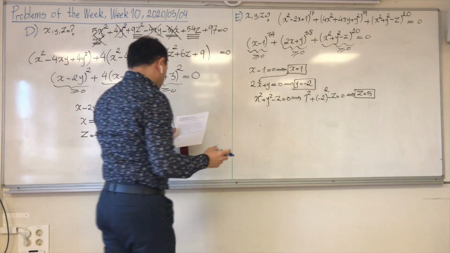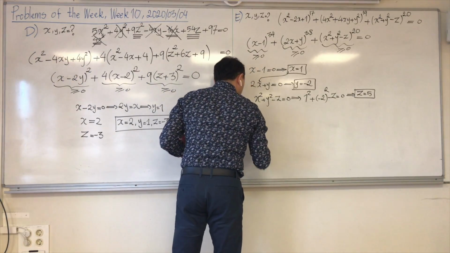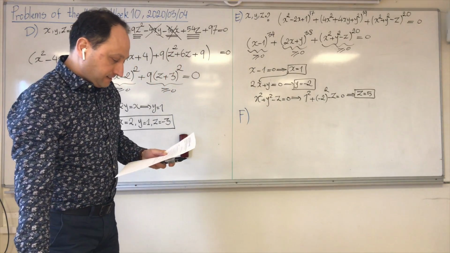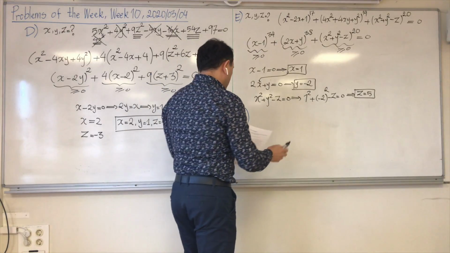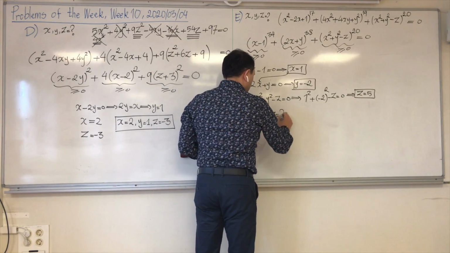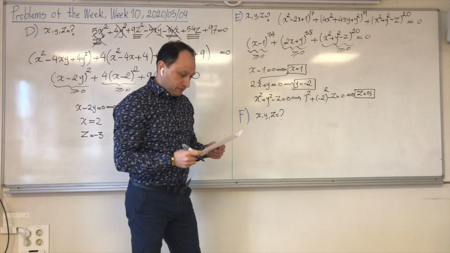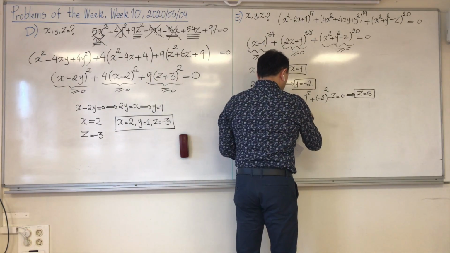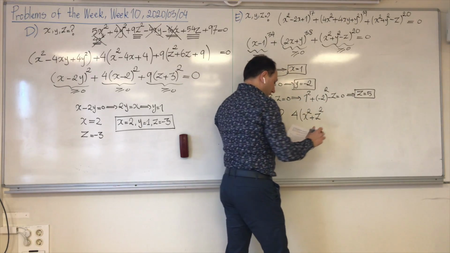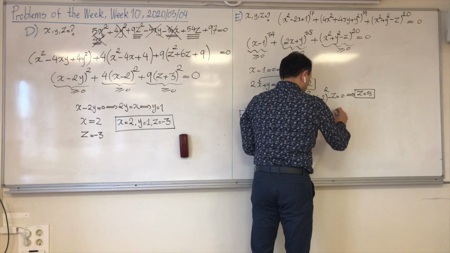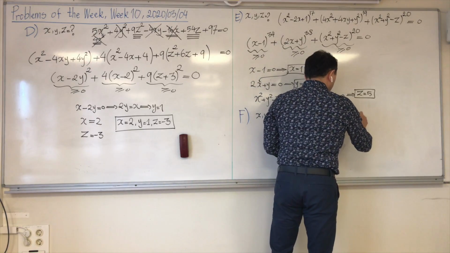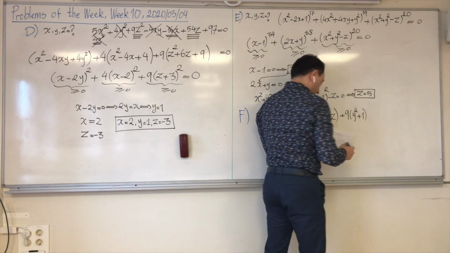Problem F. Find the x, y, and z again. So we are supposed to find x, y, and z from this equation now. The equation is 4x squared plus z squared minus xz, yes, and then I have plus 9y squared plus 1.